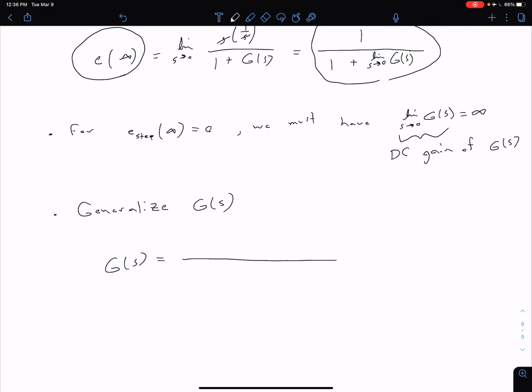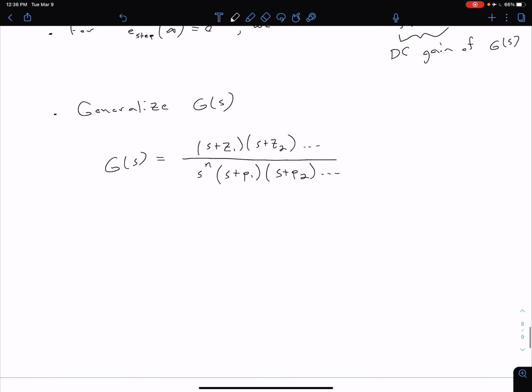In this case, we're going to say we have some zeros in the numerator, s plus z1 times s plus z2, so this is our factored form, dot dot dot for however many zeros we have in the system. Now we also have some poles, s plus p1, s plus p2, all multiplied by each other, however many poles we have. I'm also going to include this term here, s to the power of n, and these are going to be poles at the origin.